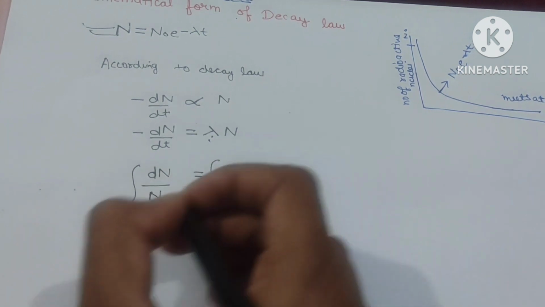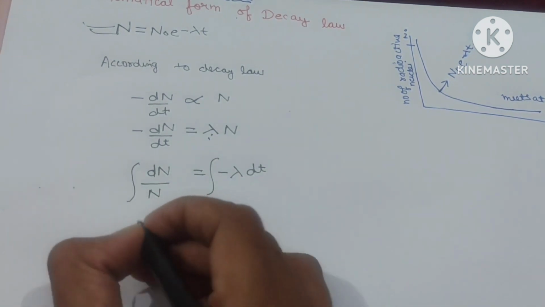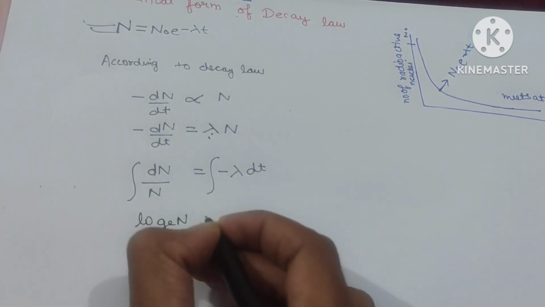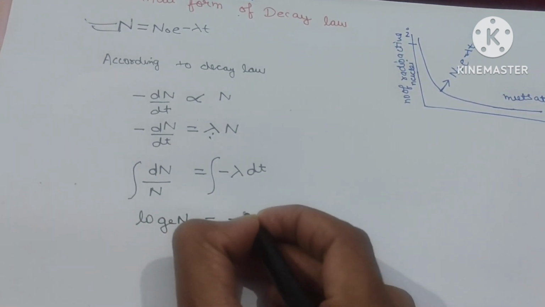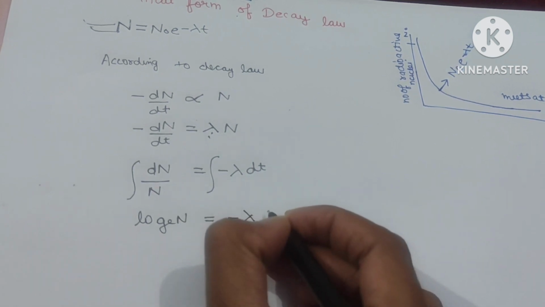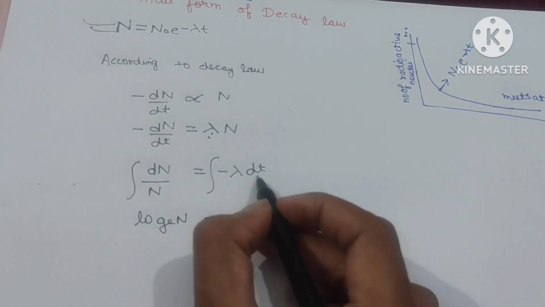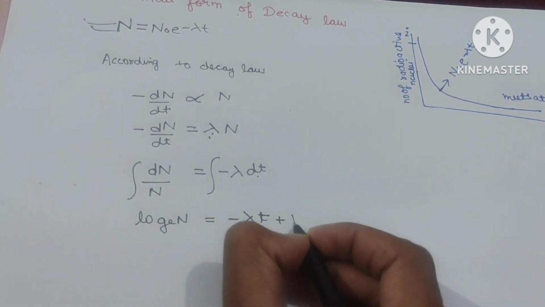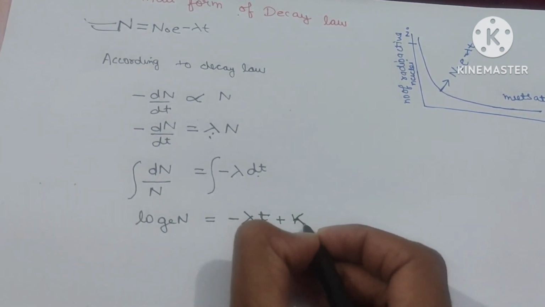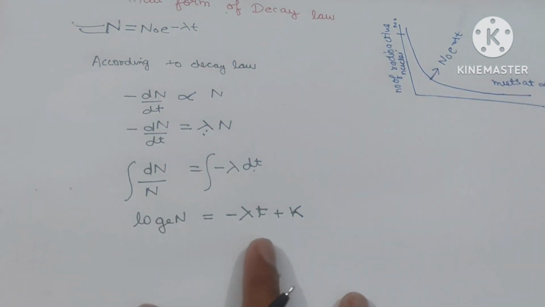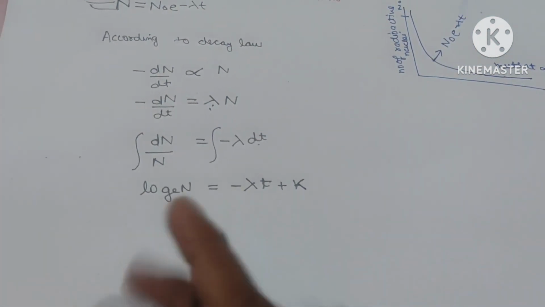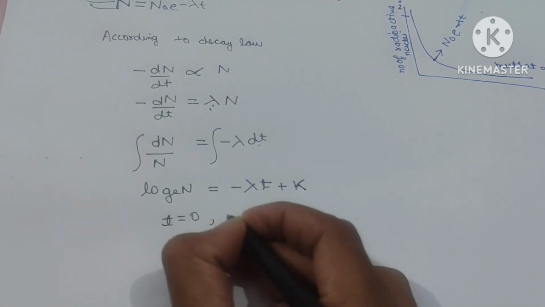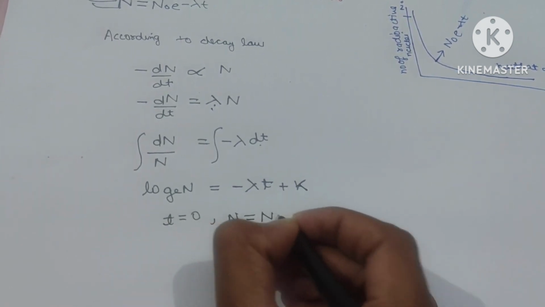After doing the integration, we'll be left with log e N equal to minus lambda, and the integration of dt is t, plus k, which is the constant. So when we put t equal to 0, then N is equal to N naught.